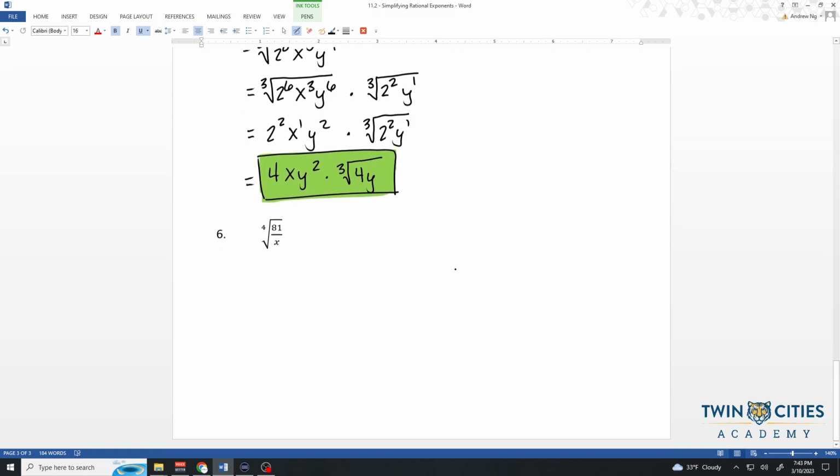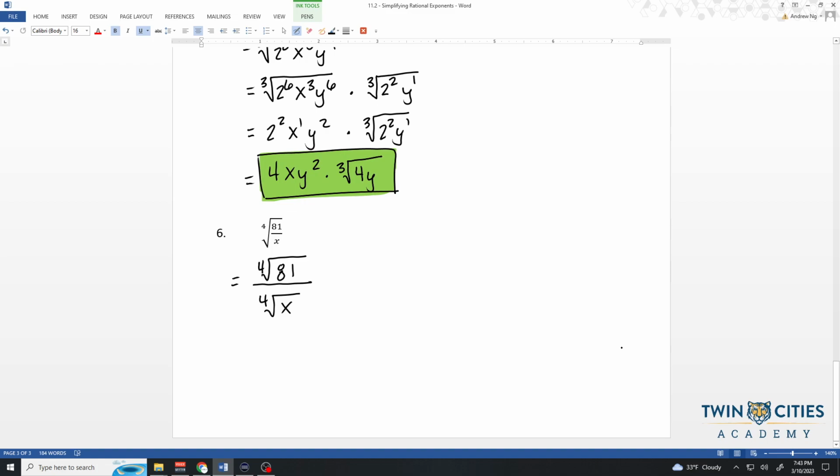All right, for the next one, I've got the 4th root of 81 over x. So I can take the 4th root of 81 over the 4th root of x. Okay, what is 81?